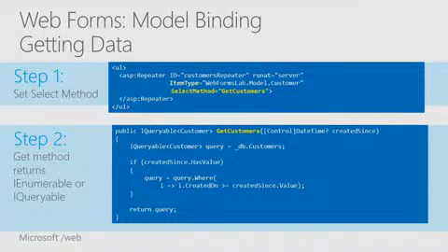Secondly, there's support for model binding. The way that you get data and update data is really nice. So instead of setting properties when the page loads, like my data grid dot DataSource equals this, or my name equals text name dot whatever, you're actually using methods.